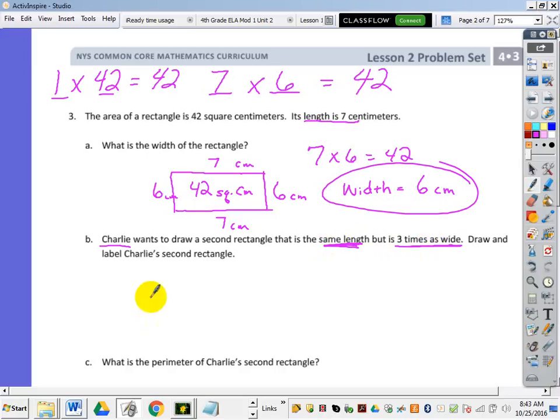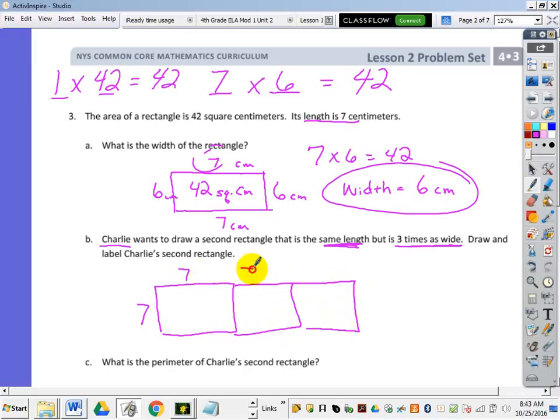So let's turn it on its side. I'm going to tip it over and put the 7 on its side. And then I want to draw one more 7, and another 7, and another 7 out here. Okay, 7 centimeters is what he's got.